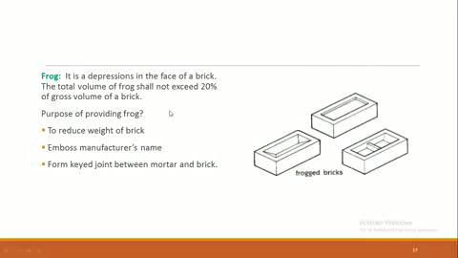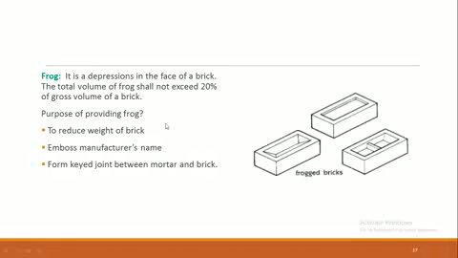Frog. It is a depression in the face of a brick, but it is very important to note that the total volume of the frog shall not exceed 20% of the gross volume of a brick. What is the purpose of providing a frog? It reduces the weight of the brick to get lightweight bricks.